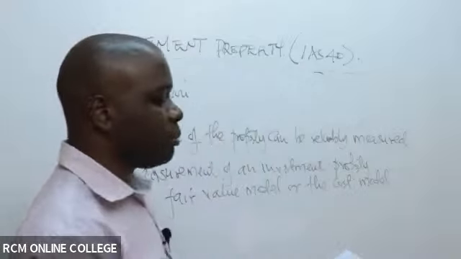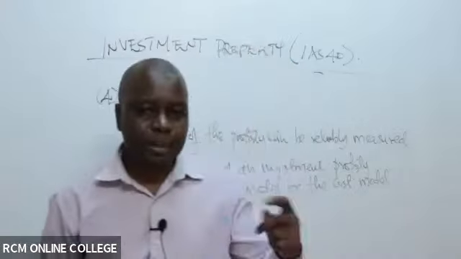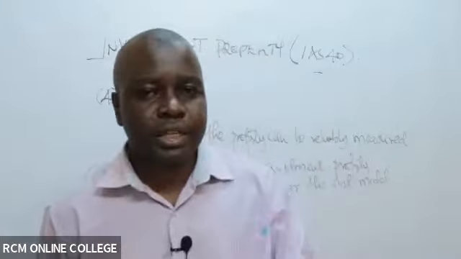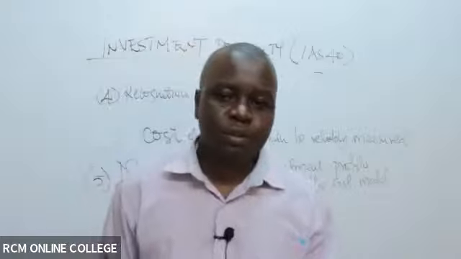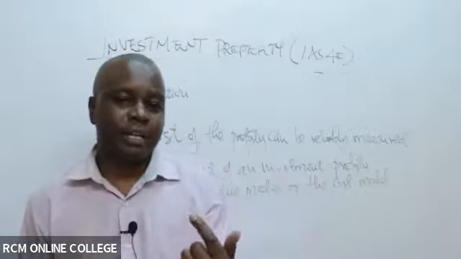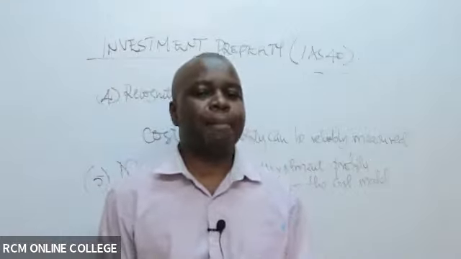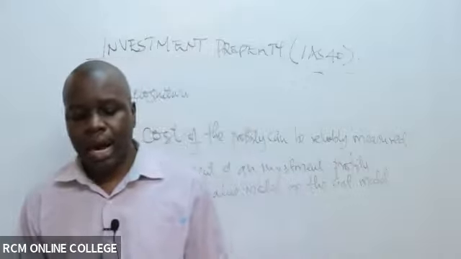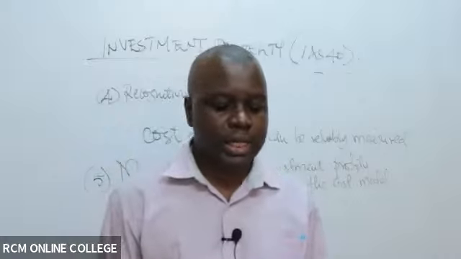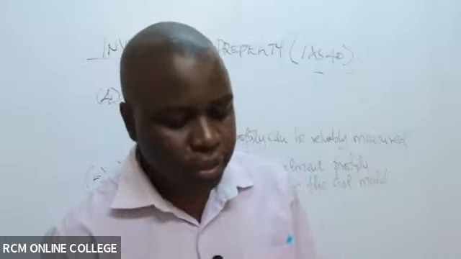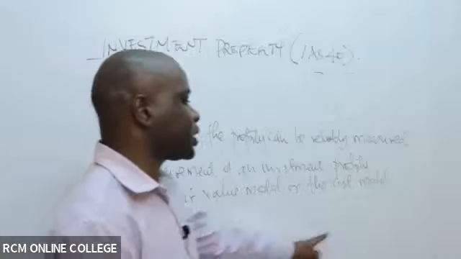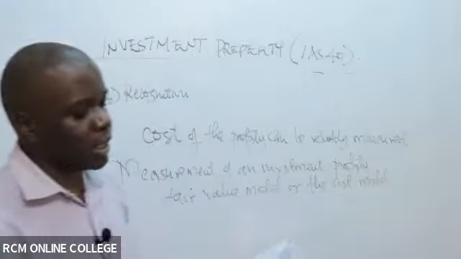Initially, when you buy it or construct it, you'll measure it at cost. But subsequently something could happen. It can depreciate, or some of them usually appreciate, for example, land. So it will initially be measured at cost and subsequently using the fair value model or the cost model.